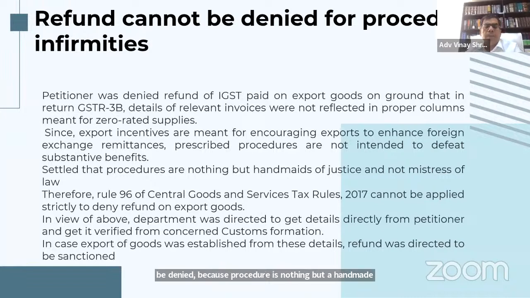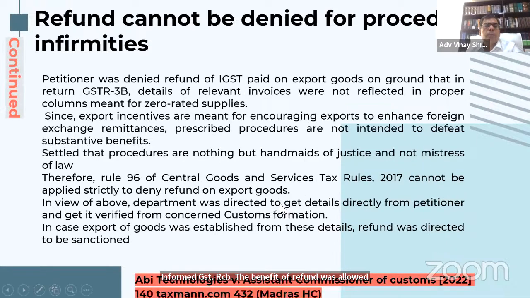So on those principles, even though there was some error in filling up the form of monthly return in form GSTR 3B, the benefit of refund was allowed.